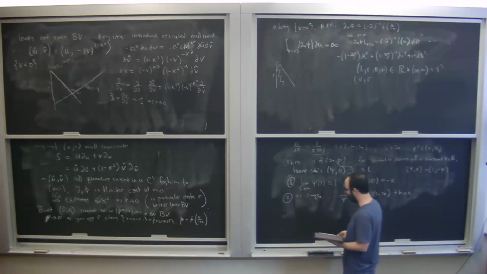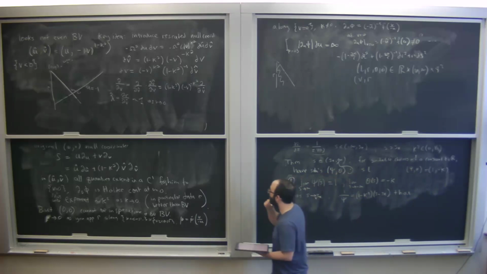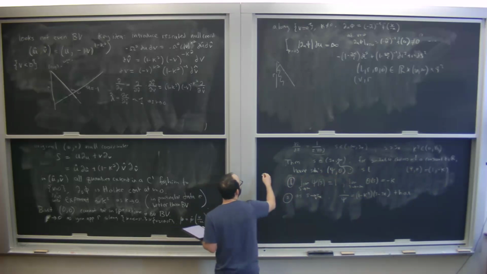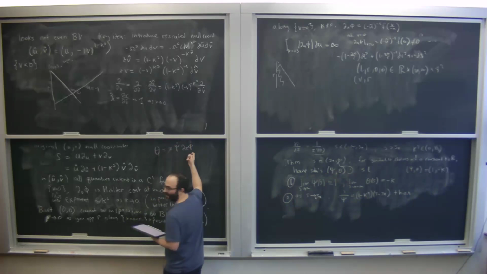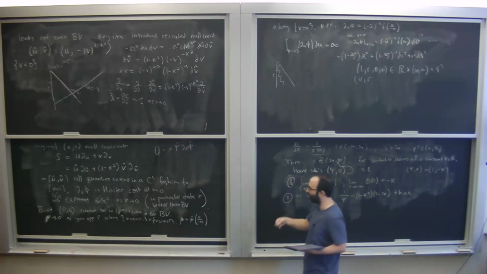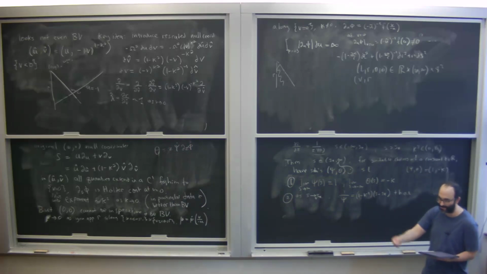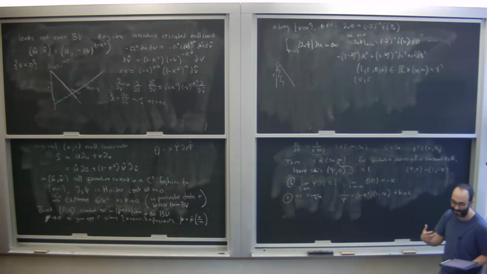Where the freedom comes in is in theta. Remember, the theta variable included the information about the derivative of the scalar field. The scalar field is where all the dynamics are actually included.